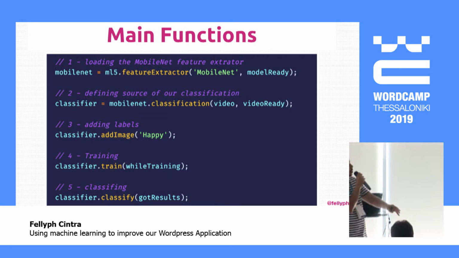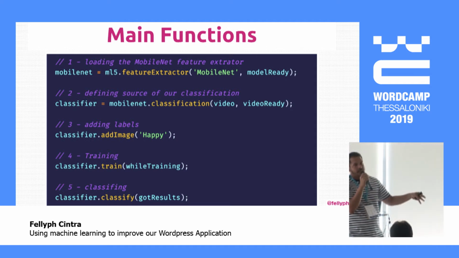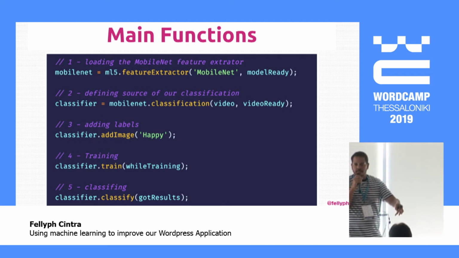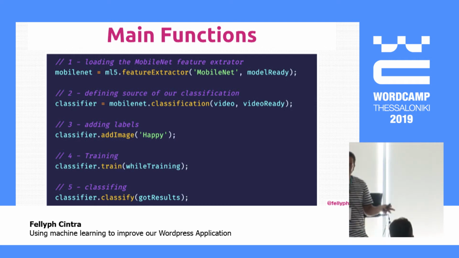After we send different pictures, sorry, I jumped one line, we ask our machine learning to train, and based on those labels, it will start training and try to find things in common between them. When I finish that training, I will be ready to classify things. So mainly with those 5 steps, we build our application, but they will be in different places.